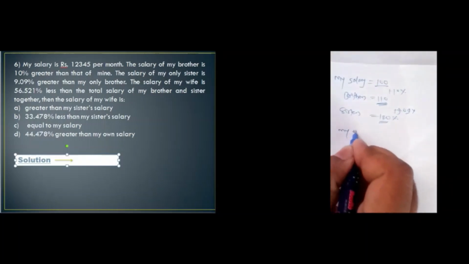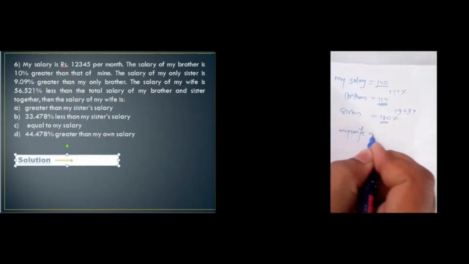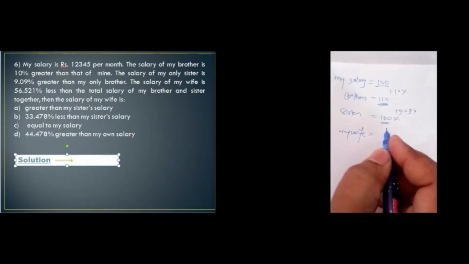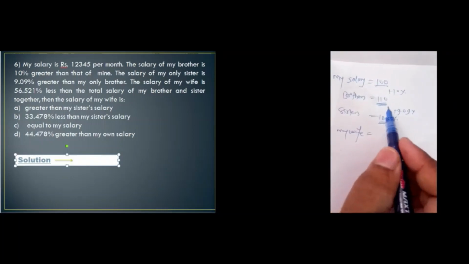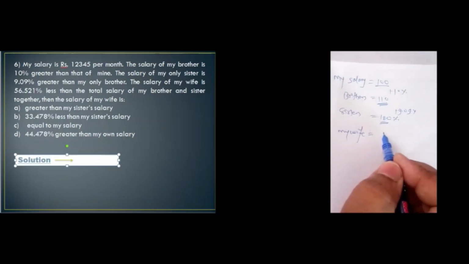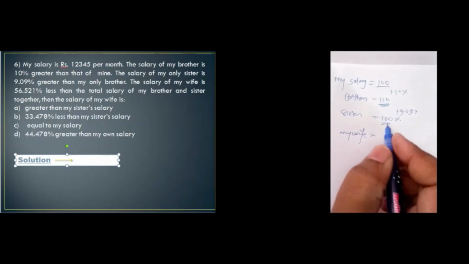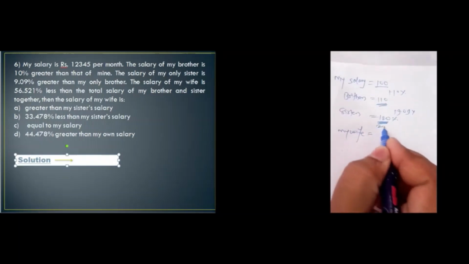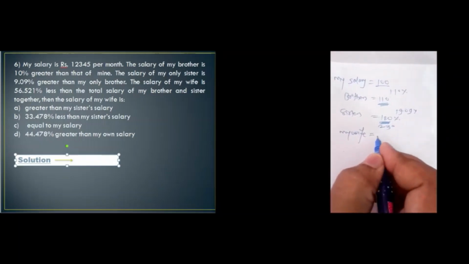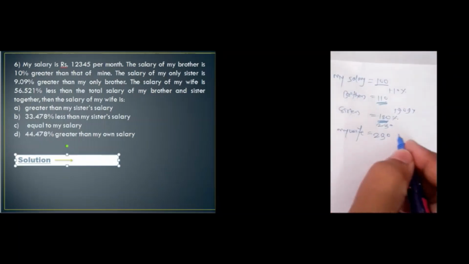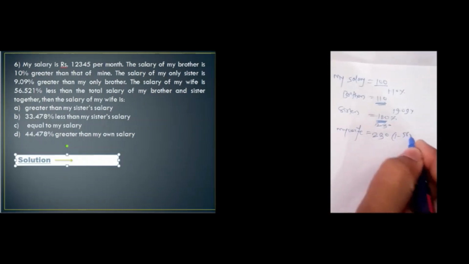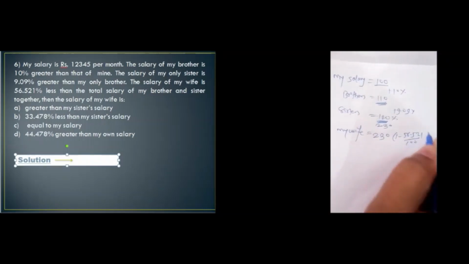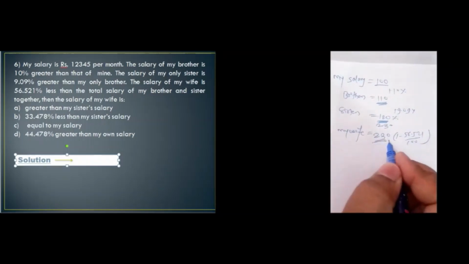Now my wife's salary is 56.521% less than the total salary of my brother and sister. The total salary of my brother and sister is 230. So my wife's salary will become 56.521% of the addition of brother and sister salary.